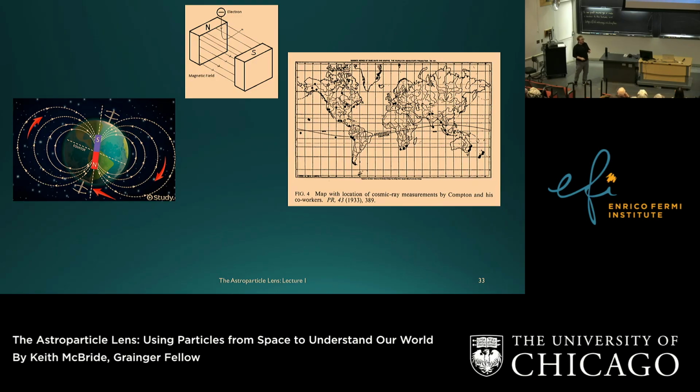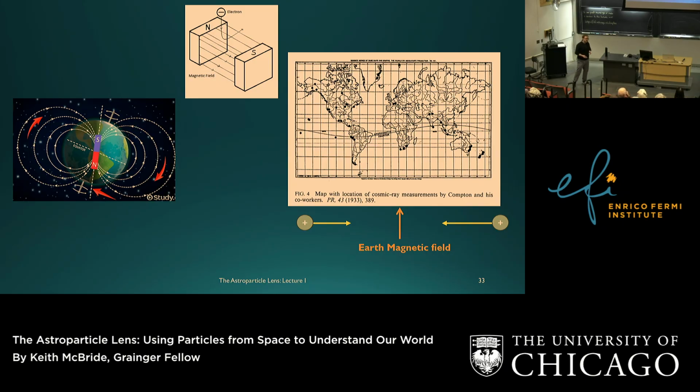And so his idea was that all across the globe, he could say if the Earth's magnetic field at the equator, for example, is just pointing to the North Pole, but then as I get closer to the North Pole, I get less magnetic field along the surface. If cosmic rays are charged particles, those coming from the west towards the east will be more likely to be observed than the ones coming from the east towards the west.